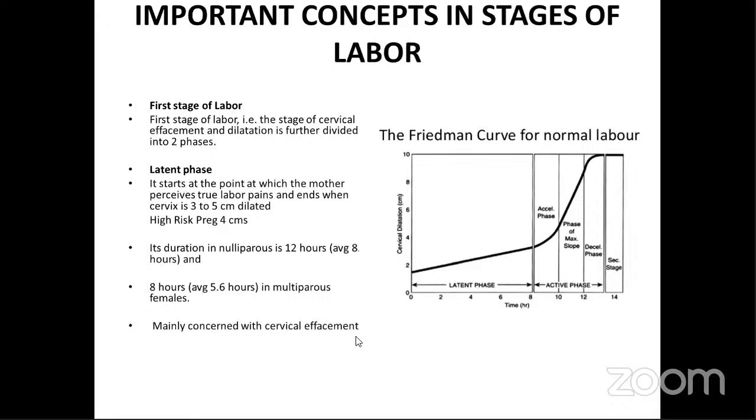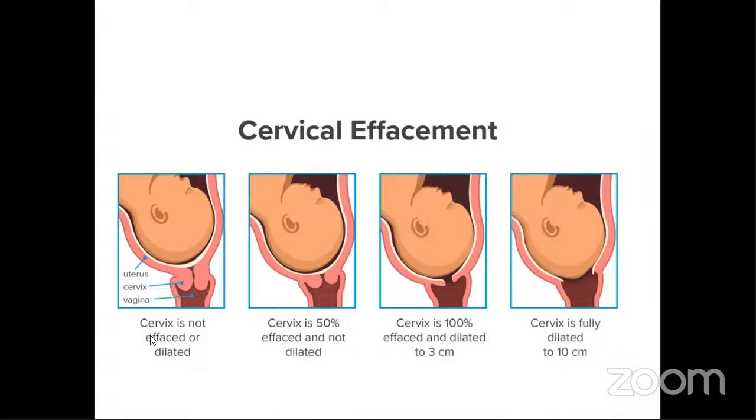There are two important things you should understand in labor: cervical effacement and cervical dilatation. Cervical effacement is the process where the cervix, as you can see in this picture, is taken up, or thinned out, and becomes one with the lower uterine segment.